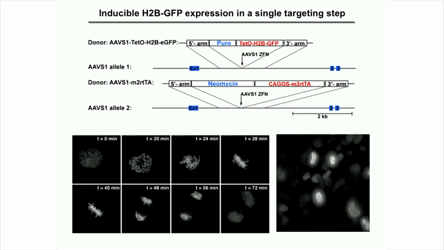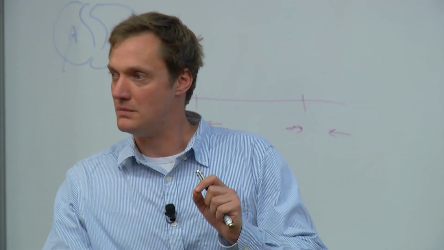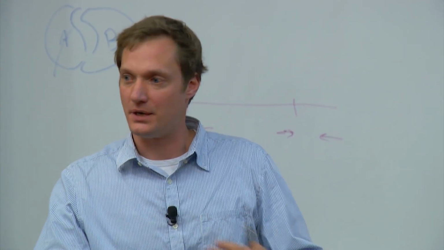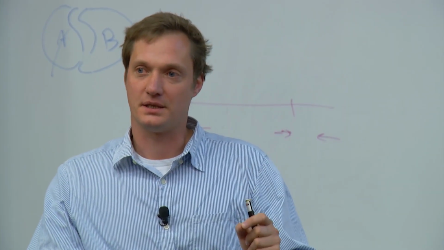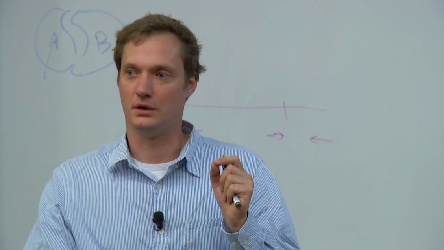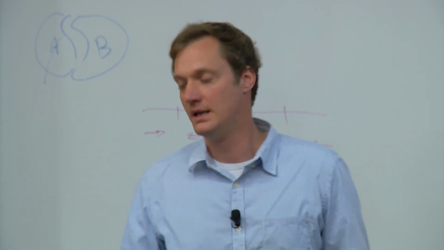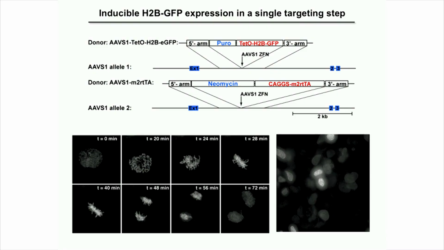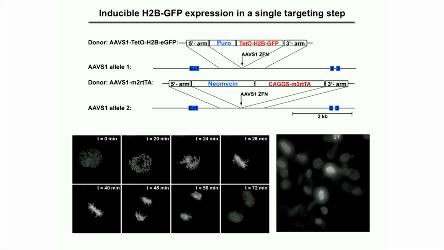From an editing point of view, this is interesting because this is one electroporation step where you generated a human ES cell that can be triggered to express a gene of interest. From the day that you decide that you want to have this expression line to the time where you can do your first movie is about 3 weeks in human ES cells. If you had to target this sequentially, then it would take 6 to 8 weeks.